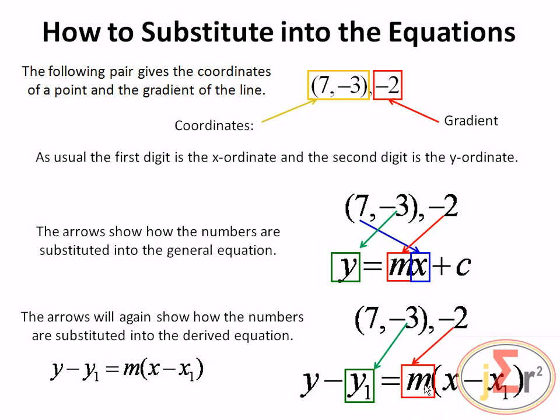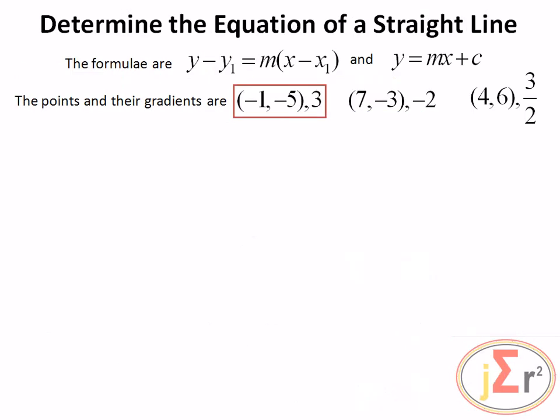The gradient is right there, the value of m. And the value of x1 is the x ordinate that we have here. So what about y and x? Those are the general representation of the x and y axes. So this is our first one.